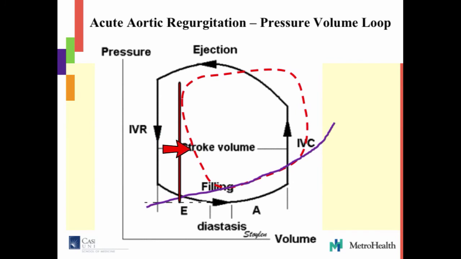It is sloped. And the reason it's sloped is because there's continuous flow between the aorta and the left ventricle. And this is very similar to mitral regurgitation, except mitral regurgitation is a systolic lesion, and aortic insufficiency is a diastolic lesion. So the isovolumic relaxation is reflective of that.